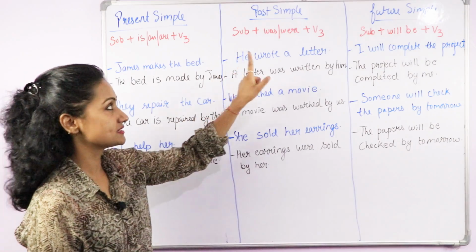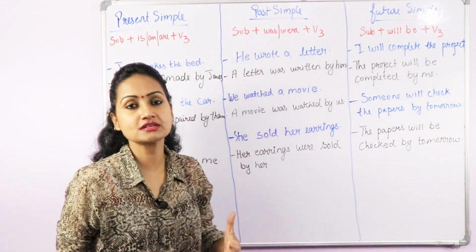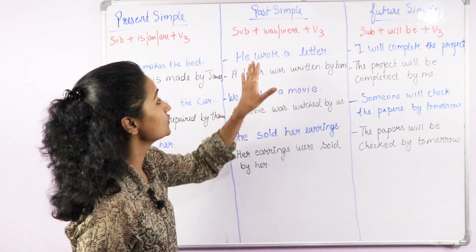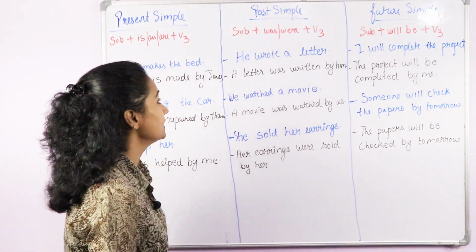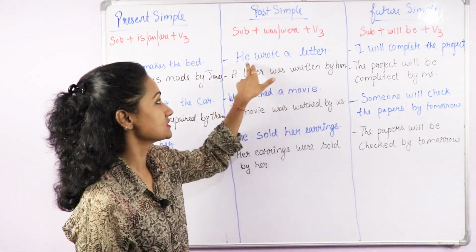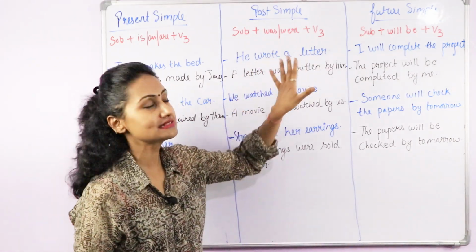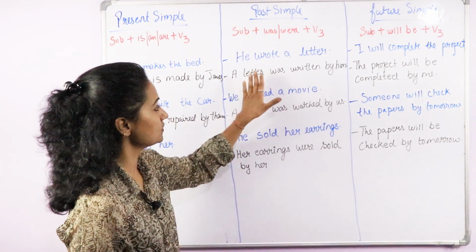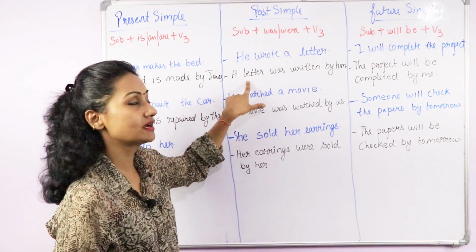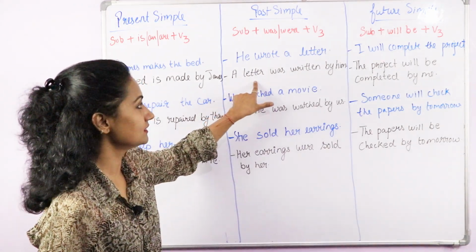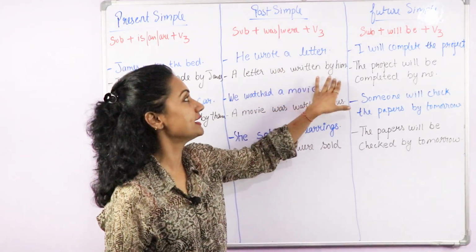Now next is past simple. Subject plus was/were. Obviously we are not going to use is/am/are in past simple, so the auxiliary verbs are was/were plus third form of the verb. Now he wrote a letter. So subject plus second form of the verb, he wrote a letter. So this is an active sentence. Now how are we going to change it into passive? A letter, the object, will become the subject. A letter was written, third form of the verb, a letter was written by him.